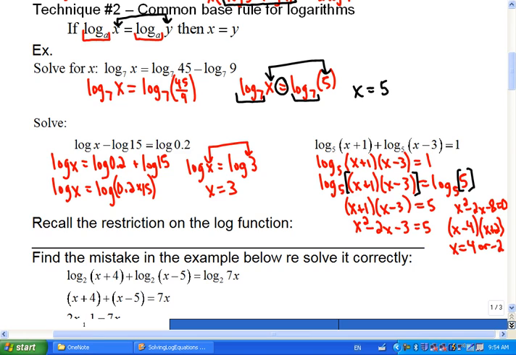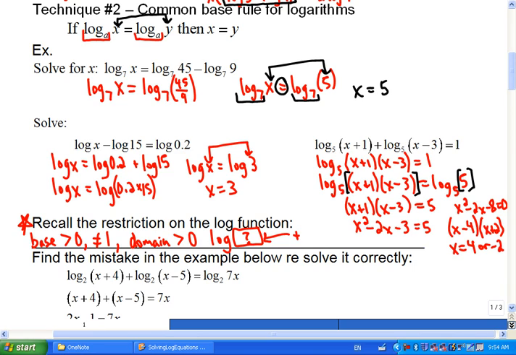Now, one thing before we circle that as our final answer, remember we had restrictions on the log function. There are some things that we said, like the base has to be greater than 0 and cannot equal 1, and the domain has to be greater than 0, meaning whatever I stick inside that logarithm function has to be a positive number.